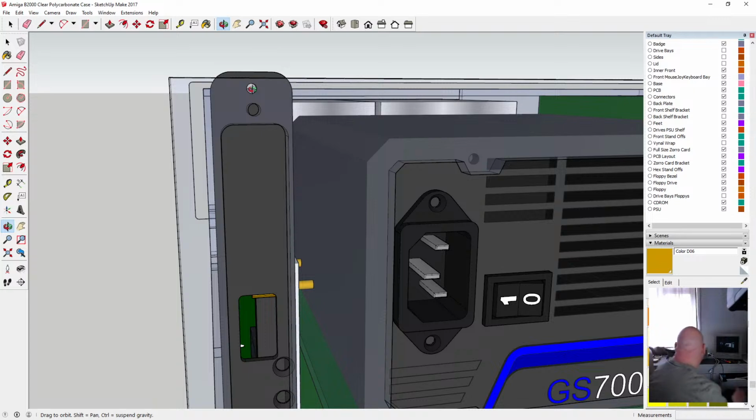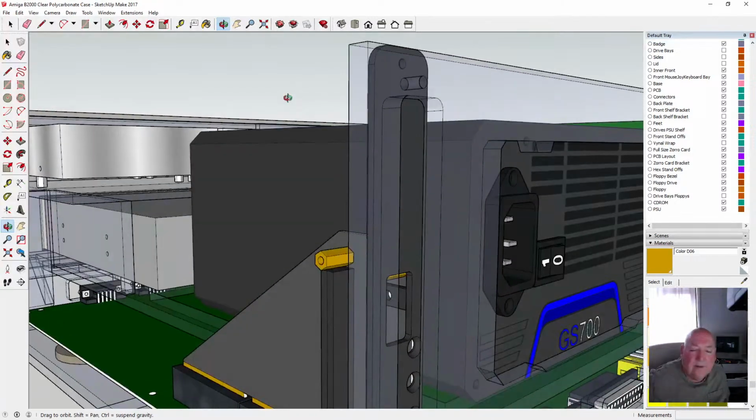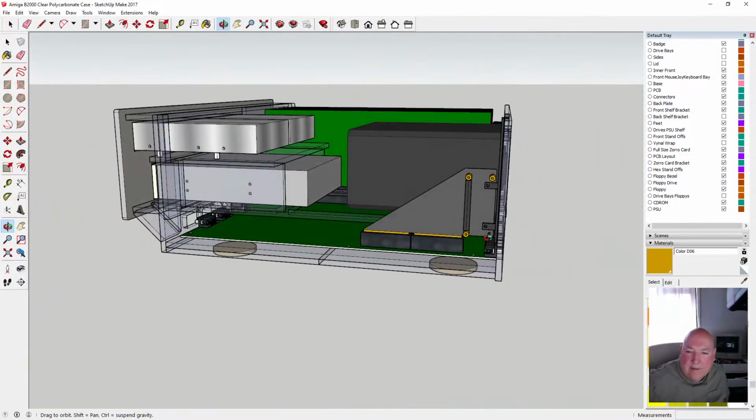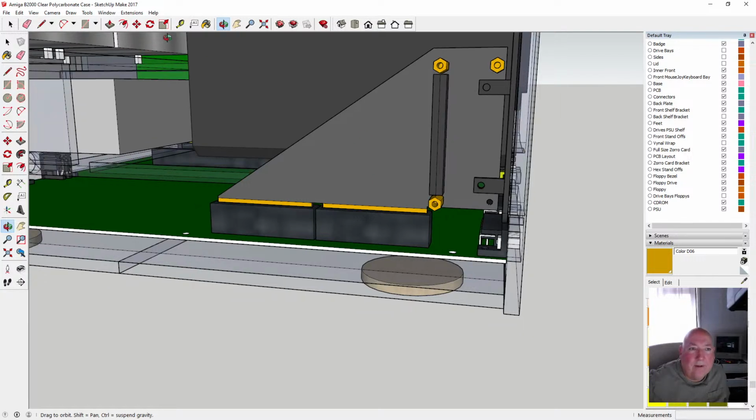Let's do a measurement from the PCB, flat of the PCB to the top of the board. It's 80. Yeah, so it's 87.5. 87.5. So from the PCB to the top of the board, it should be 87.5. 87.